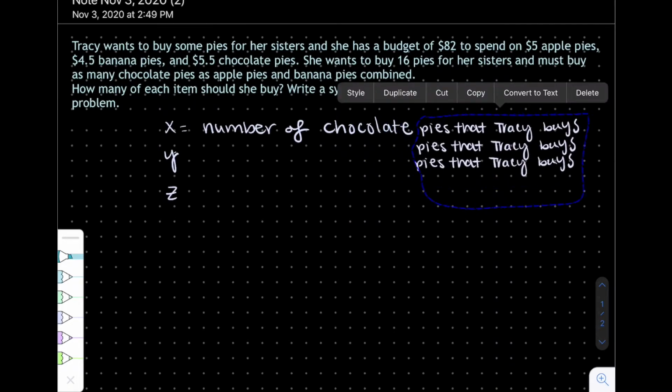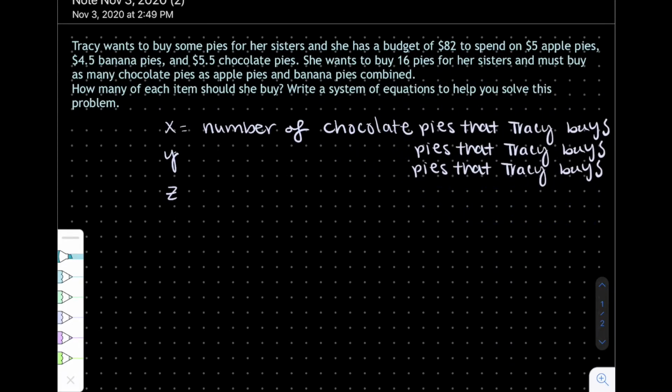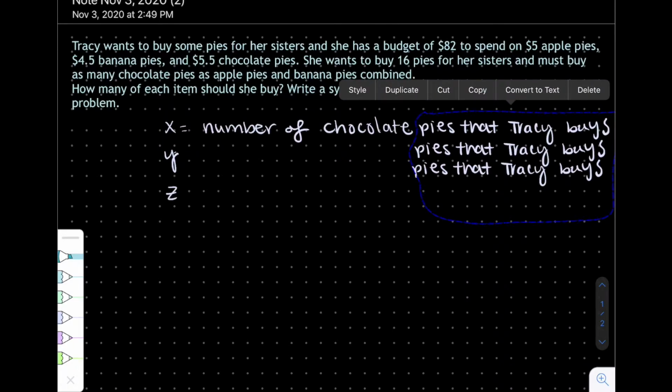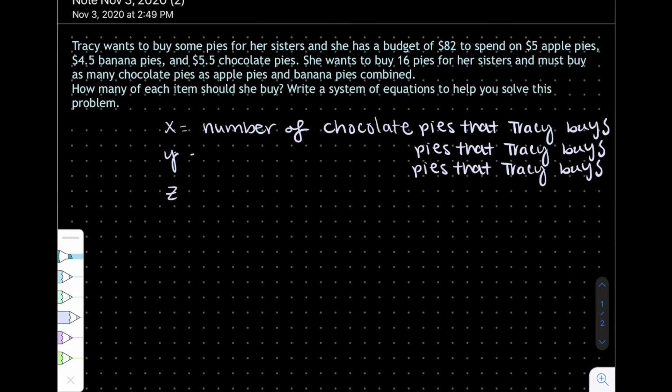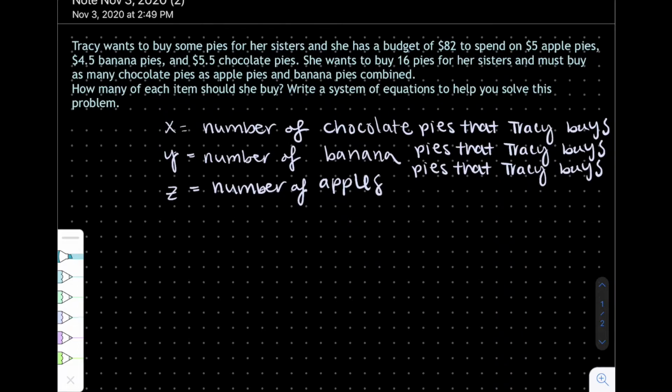We'll say that Y is the number of banana pies that Tracy buys, and Z would therefore be the number of apple pies that Tracy buys.